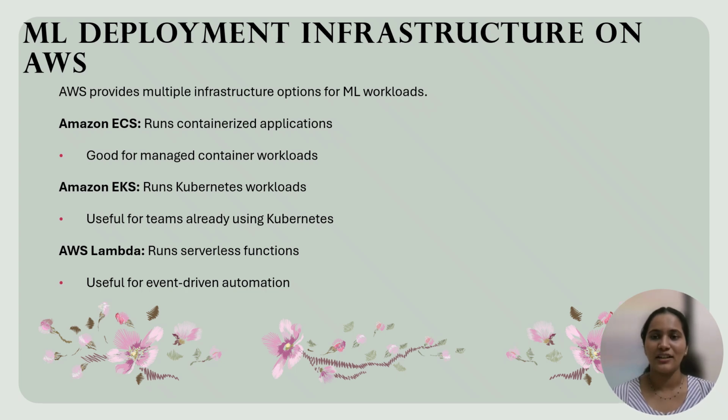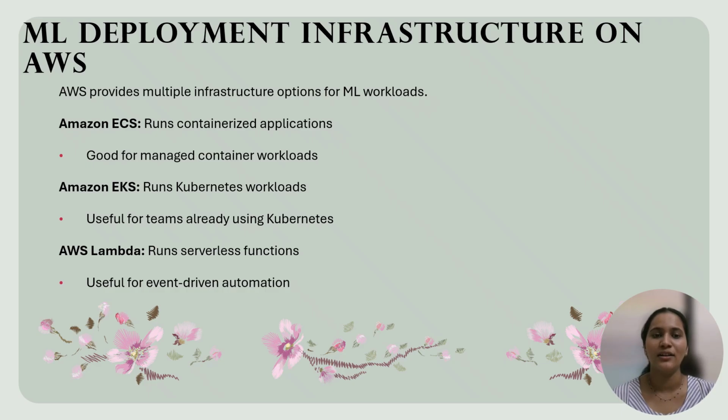Next, Amazon EKS, or Elastic Kubernetes Service, is designed for organizations already using Kubernetes. It allows machine learning workloads to run in a scalable and highly available Kubernetes environment. Finally, AWS Lambda is a serverless computing service that runs code without requiring servers.